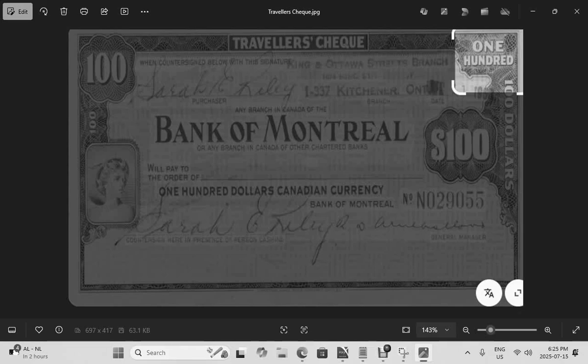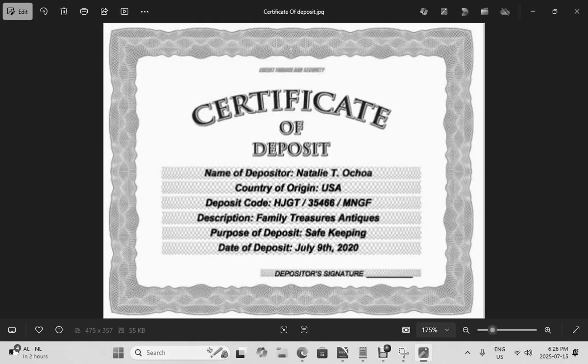If you do travel to another country, for example, as a tourist, it's easy to use a traveler's check, or it was easy back in the past, as a form of payment. Apart from the traveler's check, you also have the certificate of deposit, or CD. This is part of your M2. Obviously it is not the same as your savings account.